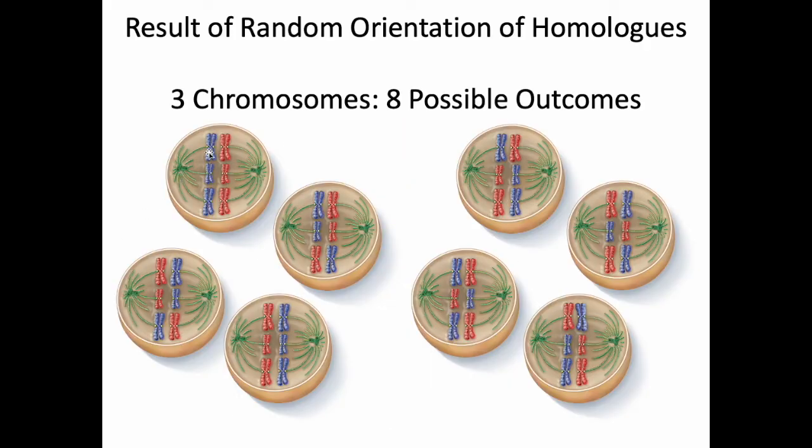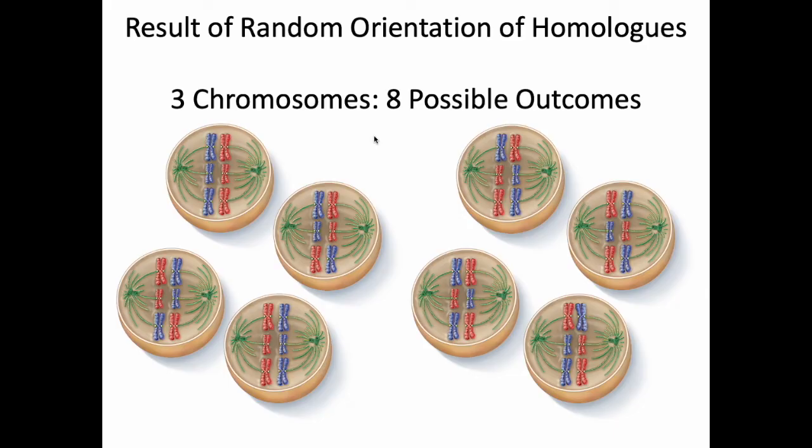Here is a simple organism with only 3 chromosomes, showing all the possible combinations. You have blue, blue, blue, red, red, red, or red, red, blue, and blue, blue, red, and so on. And you see what I mean? 8 possible combinations if there are 3 chromosomes. I did the math for you.